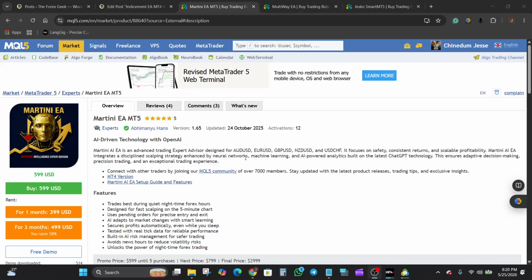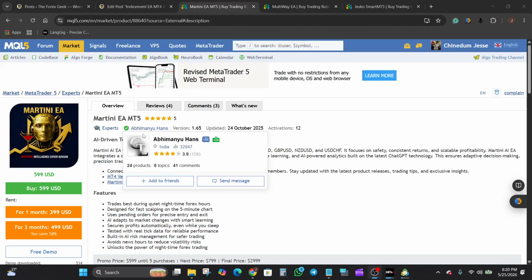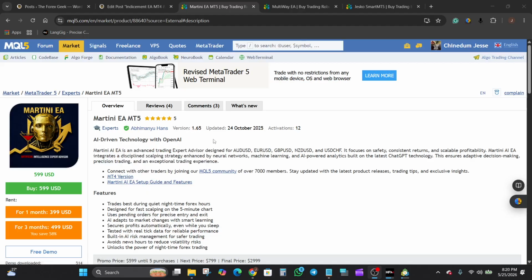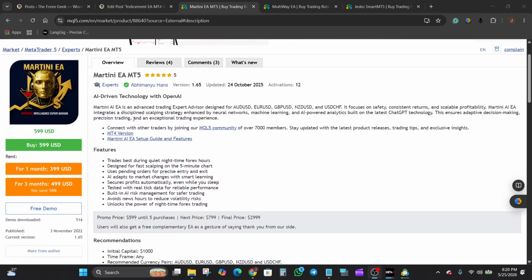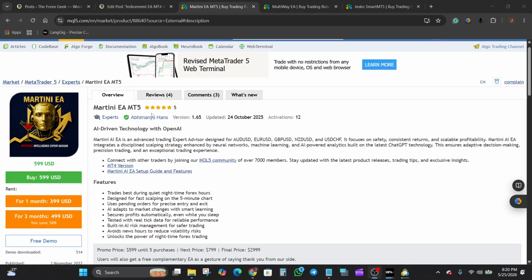Now jumping into the marketplace page, I'm looking at the Martini AI EA by Abimanu Hans. The current version that we're analyzing is the MT5 version, but there is also the MT4 version as well, right?